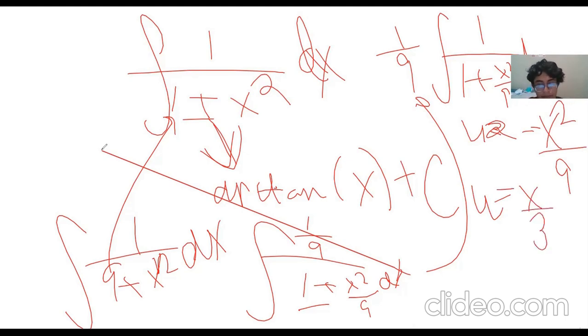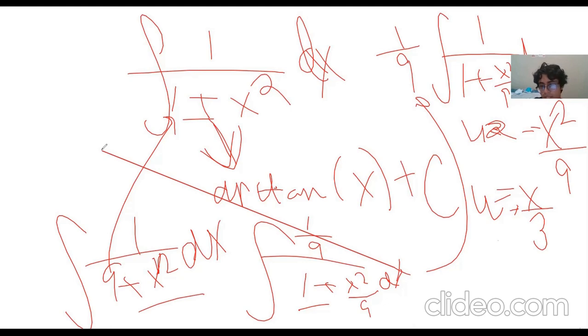Yes, it is positive or negative, but it doesn't matter what you choose. It's something I found. If you choose the negative of it, and as long as you remain consistent with your choice of negative x over 3, the derivative of whatever antiderivative you calculate will route you back to this original integrand.